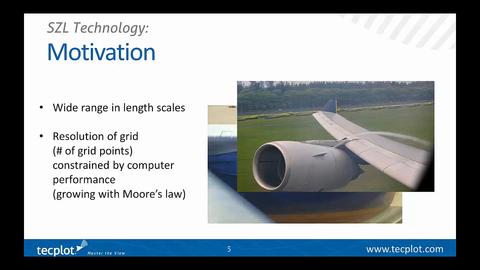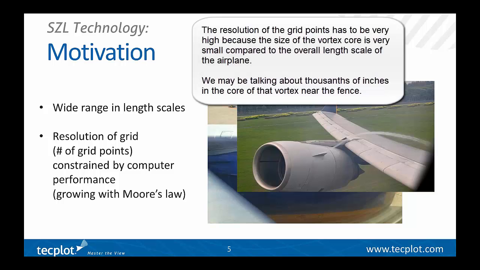A designer trying to place and size this fence will size it very carefully so it gets just the right amount of boundary layer separation at the right time. What that means is that the resolution of the grid points has to be very high because this is a very small length scale compared to the overall length scale of the airplane.